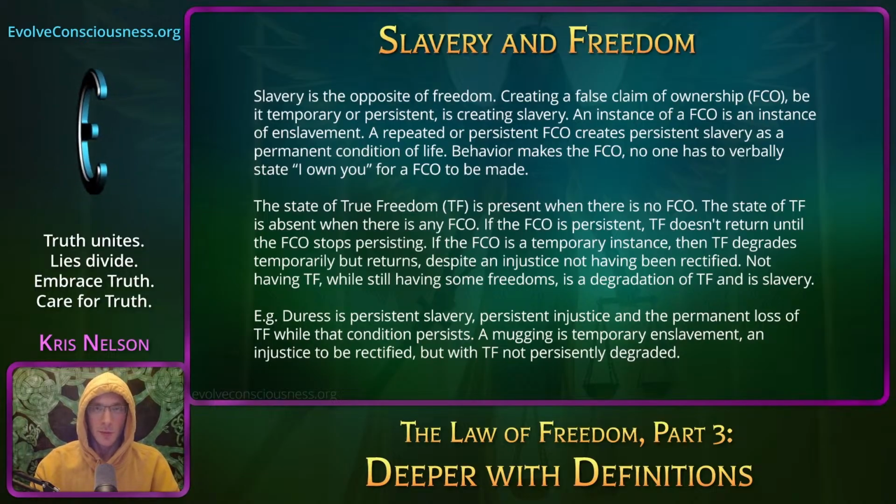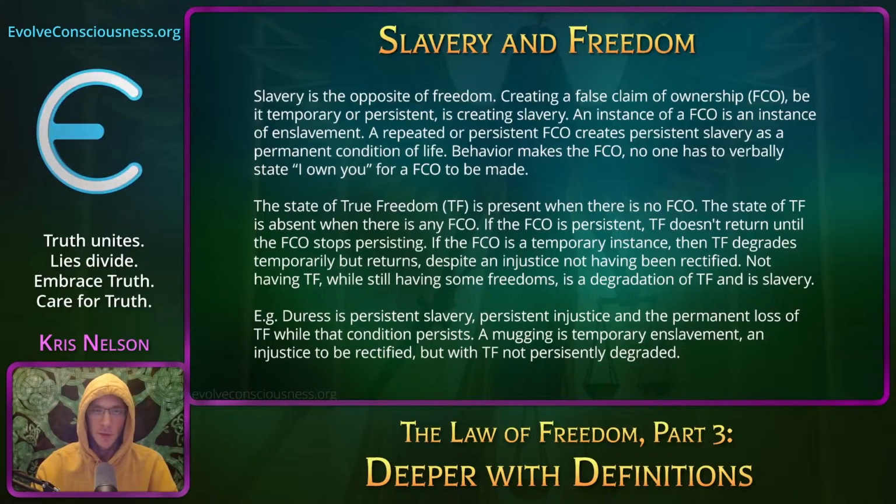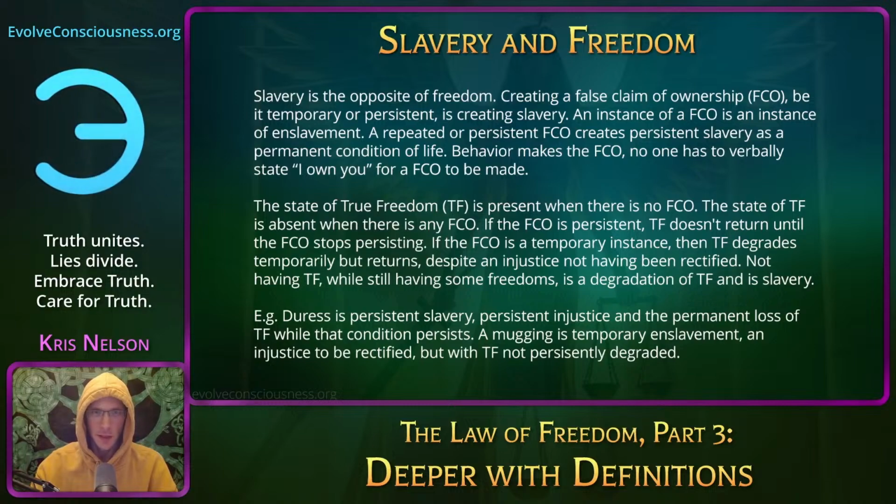If the false claim of ownership is persistent, true freedom doesn't return until the false claim of ownership stops persisting. If the false claim of ownership is a temporary instance, then true freedom degrades temporarily but returns, despite an injustice not having been rectified. Not having true freedom, while still having some freedoms, is a degradation of true freedom and is slavery.